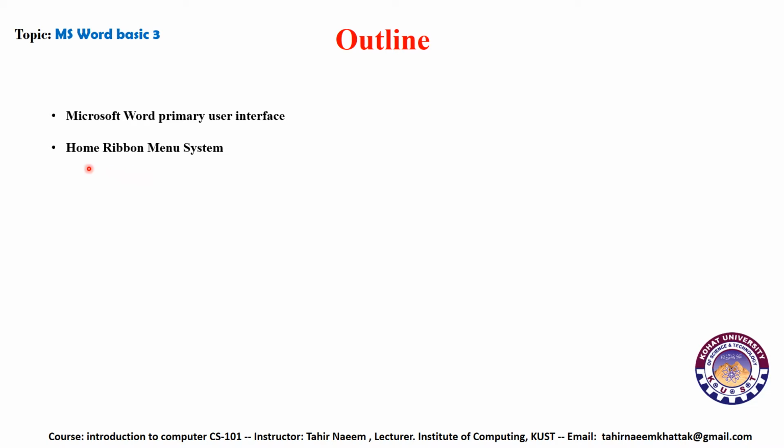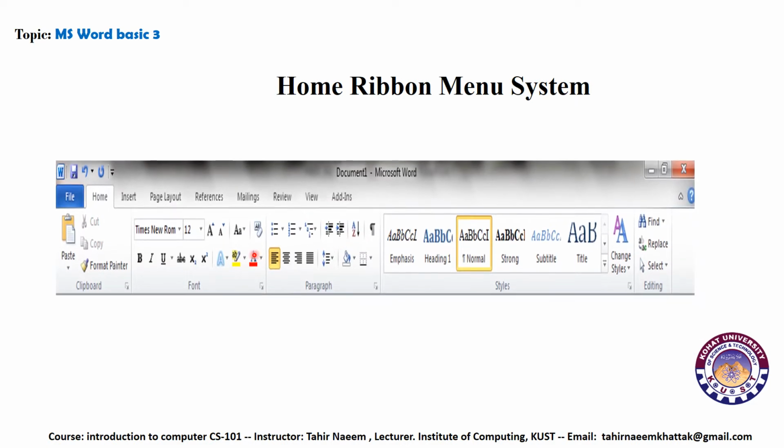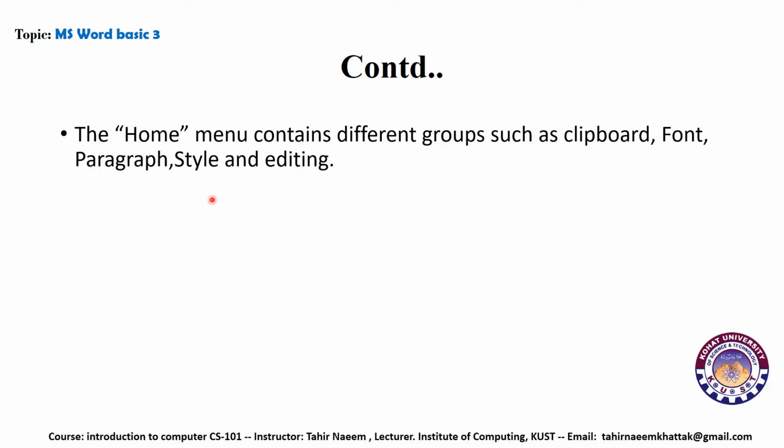So our next topic is the home ribbon menu system. As we have previously discussed, in the home ribbon menu system there is the clipboard group and the font group, which we have discussed in detail in the previous lectures. In today's lecture we will discuss the paragraph group, and in the next lecture we will study style and editing. The home menu contains different groups such as clipboard, font, paragraph, style, and editing.